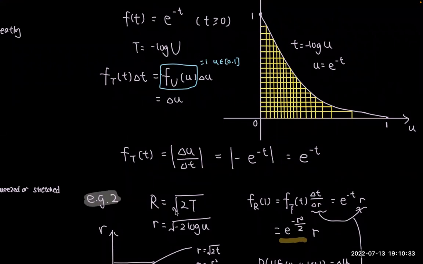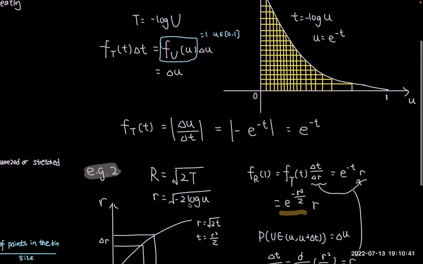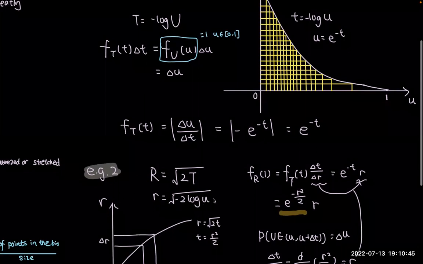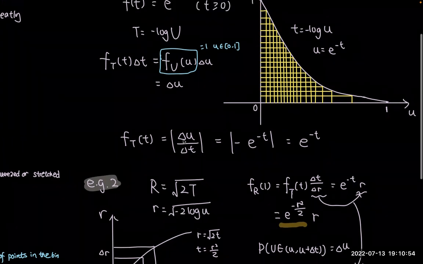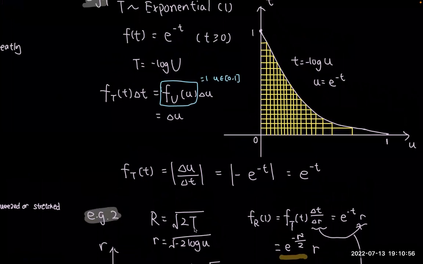And then R equals the square root of 2T. So this is actually the square root of negative 2 log of capital U. Okay, so this gives us a transformation. Here I use a lowercase letter just to denote this transformation. So R is the square root of negative 2 log U, because T is negative log U. We just plug in negative log U here.